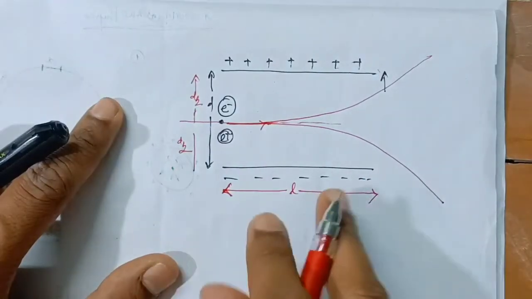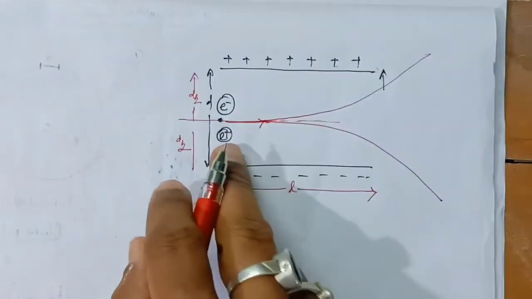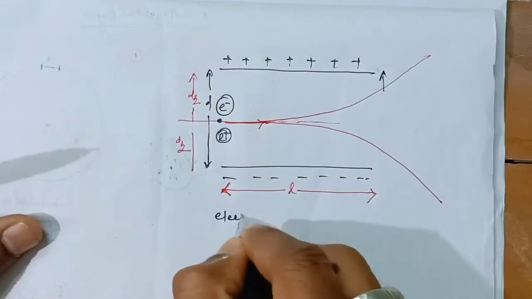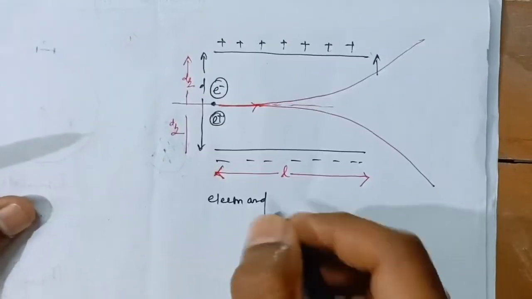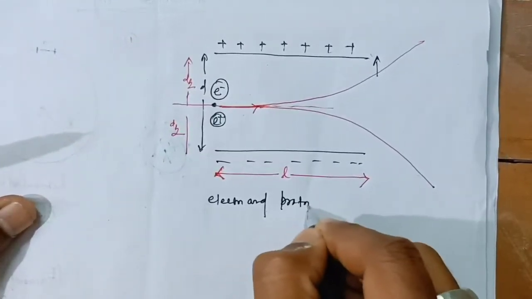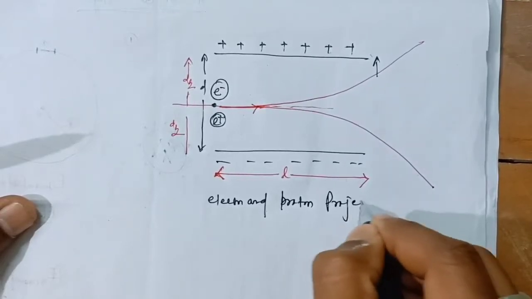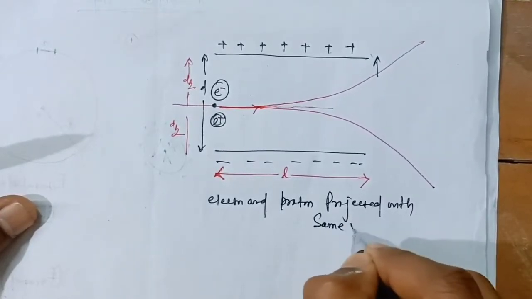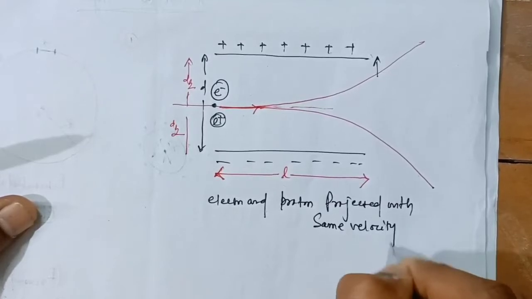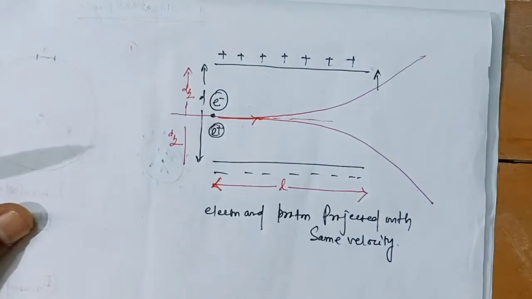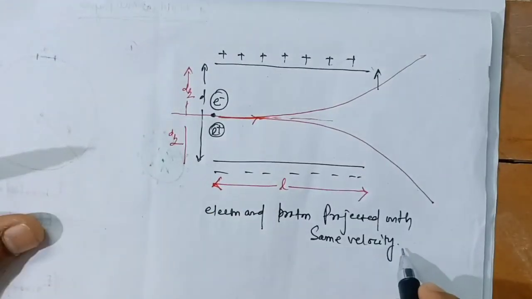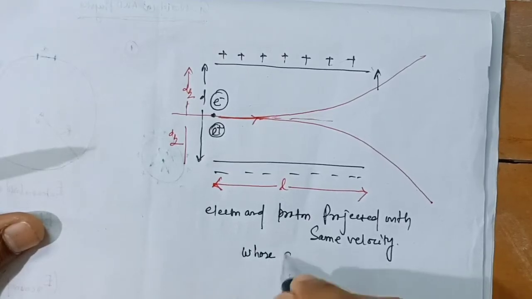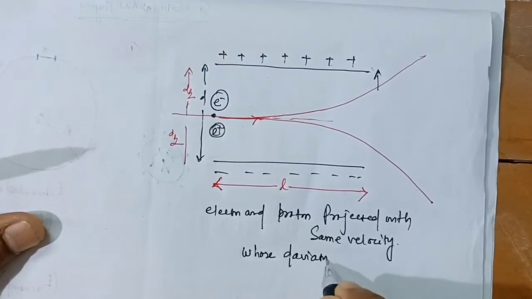The question is framed: if the electron and proton are projected with the same velocity. These are simpler questions, but fundamentally they can improve the student. Projected with the same velocity, whose deviation is more?